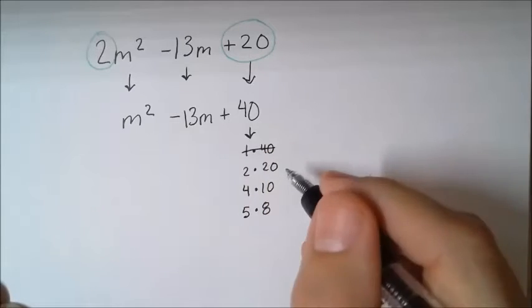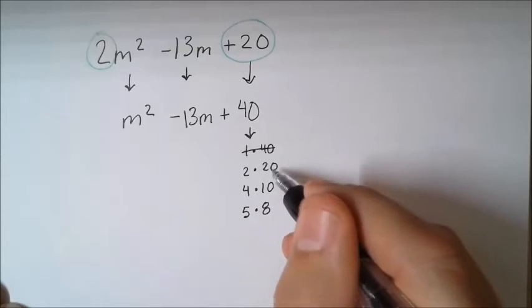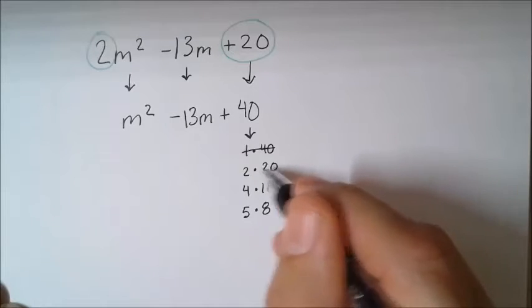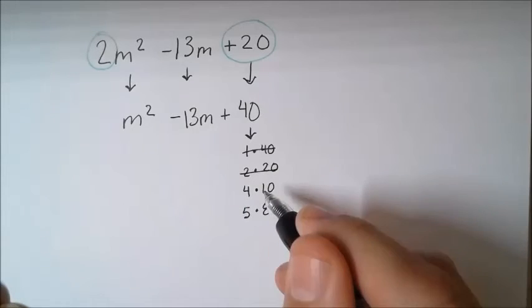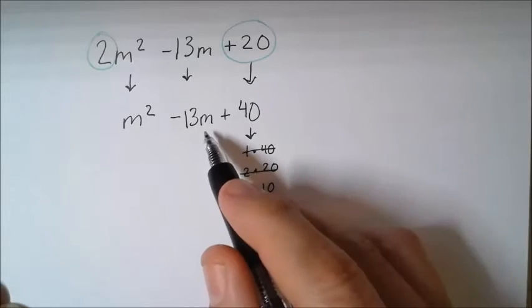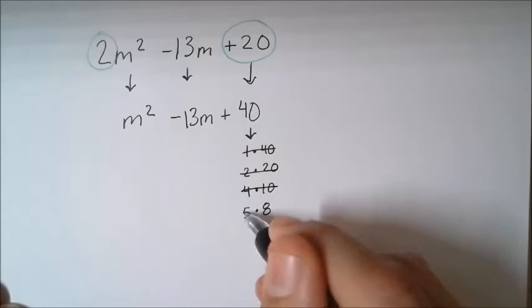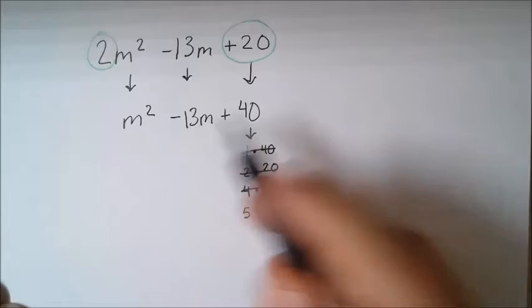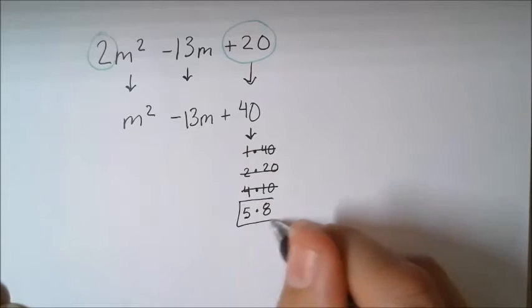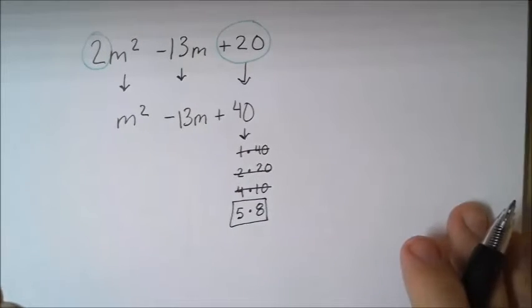So it can't be that one. 2 and 20 give me either 18 or 22, so can't be that one. 4 and 10 would give me a 6 and a 14. It's close, but not quite. 5 and 8, if I add them together, I can get a 13. So I know that these are my factors, 5 and 8.